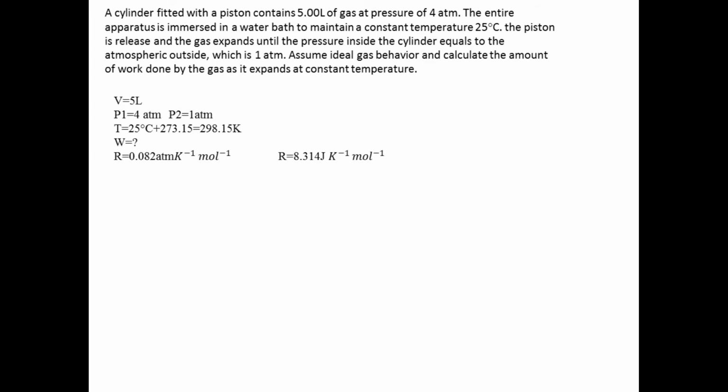So first thing first, you must write the general equation for reversible process, because this is a reversible process. So write the general equation, which is dW equals to negative P dV, and then derive this equation, integrate both sides because we want W, right?